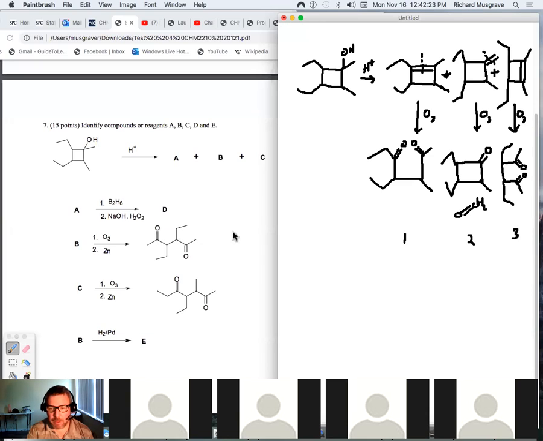Okay, so well, one thing you can do here, you can go look at the pattern. You've got a methyl attached to a double bond O and a methyl attached to a double bond O. There we go, here and here. And then in the middle, we've got an ethyl and an ethyl, and there's your ethyl and there's your ethyl. So from that, then you could say, okay, well this must be B. All right, I'm going to stop right there.